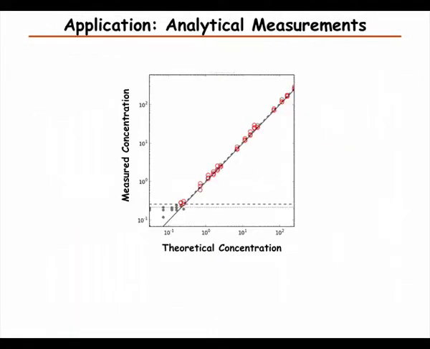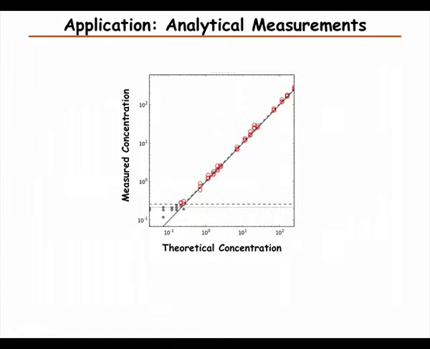So now, as the last part here, I'm going to talk about applying these concepts to analytical measurements. What most of us do is we try to measure something. And to be able to do that well, we need to establish a few different things.